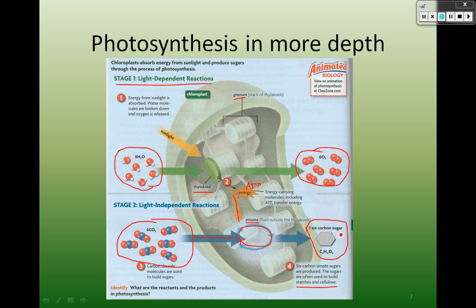Okay, so looking overall at the reactants and the products in photosynthesis, we've got water and carbon dioxide going into the system, oxygen and glucose coming out of the system, and sunlight going in. But this is, just like cellular respiration, a series of more steps than just that.